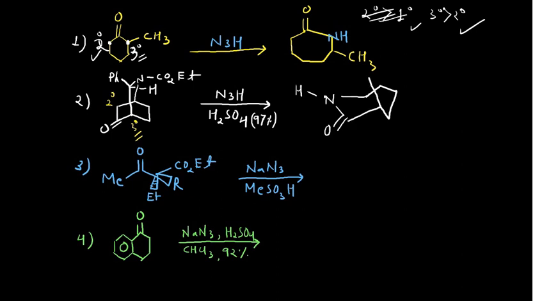The N will go there, and this has CO2Et, and this was having phenyl, that is Ph, and one of the hydrogens. So this would be the product, where you have inserted the NH between this and this. This is how you can understand how the reaction mechanism goes.